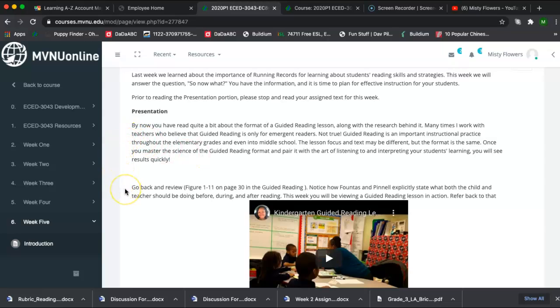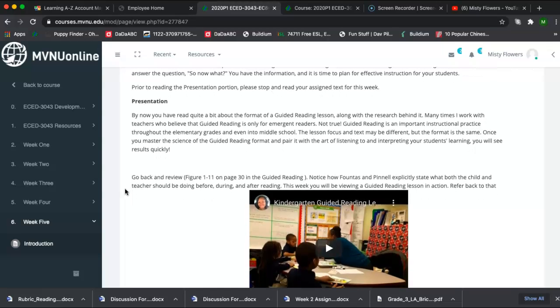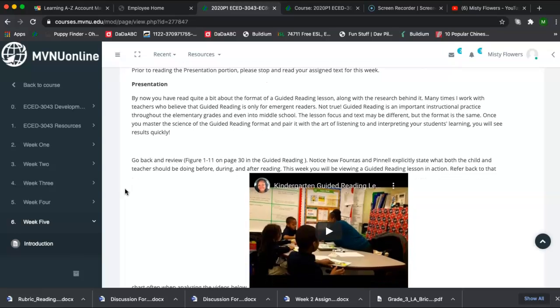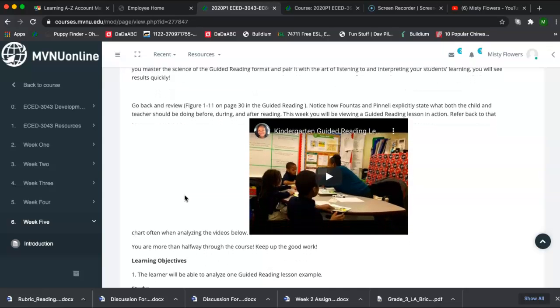Again, go back and review Figure 1.11 on page 30. Notice how Fountas and Pinnell explicitly state what both the child and the teacher should be doing before, during, and after reading. This week, you're going to be viewing guided reading lessons in action.